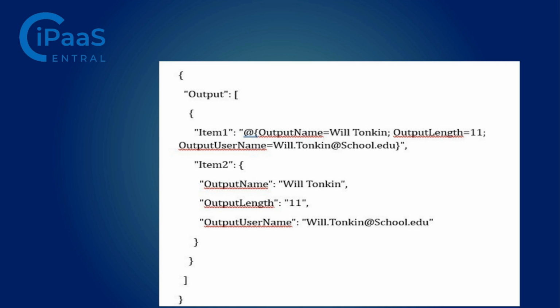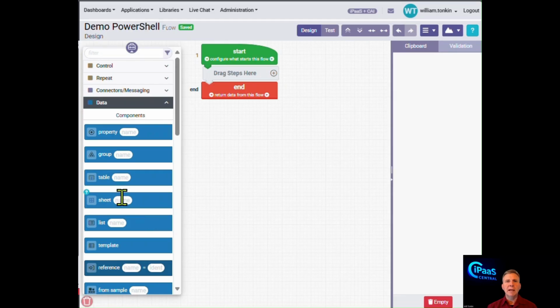We do this in order to perfectly match the output object from PowerShell. After the PowerShell step runs, we can then assign this output group to the contents of what was returned from the PowerShell script. Let's go ahead and open iPaaS and walk through this.